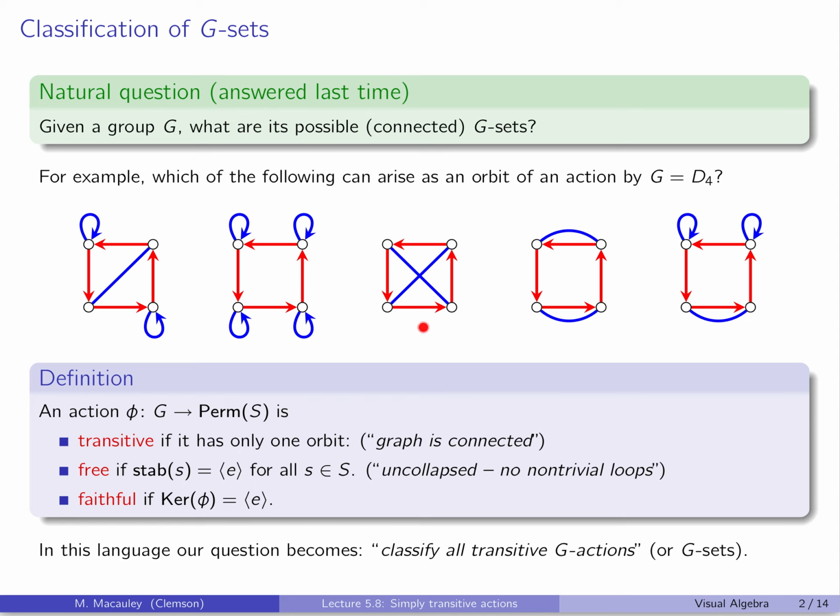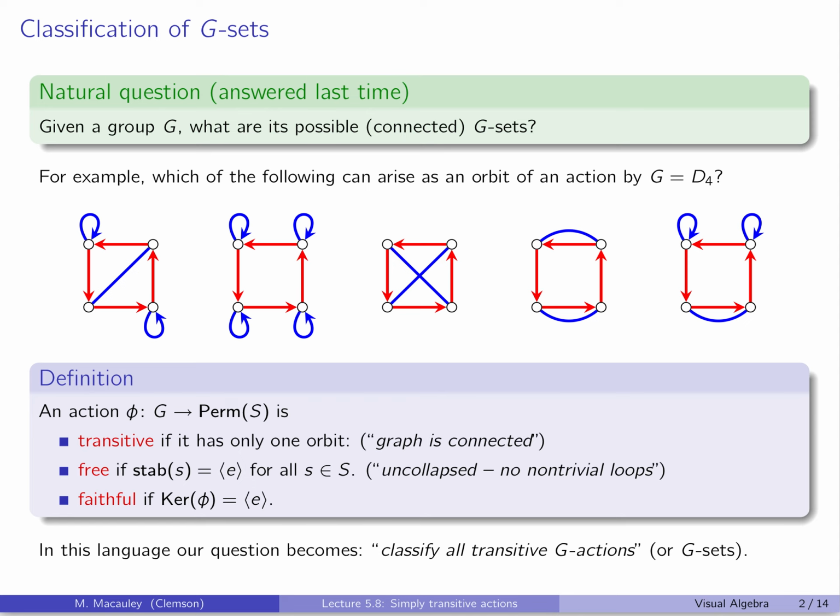Basically, these three do not arise as the result of collapsing the Cayley graph of D4 by the right cosets of a subgroup. So last lecture was on these connected action graphs, and those are called transitive, or at least the actions in the corresponding G-sets are called transitive.